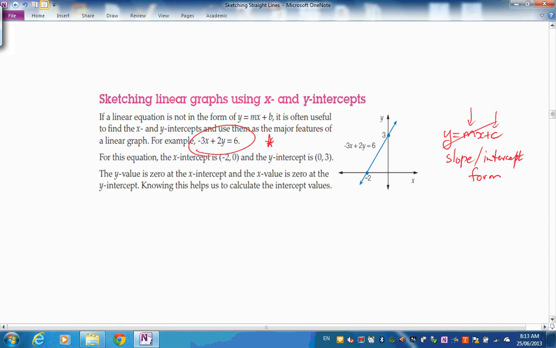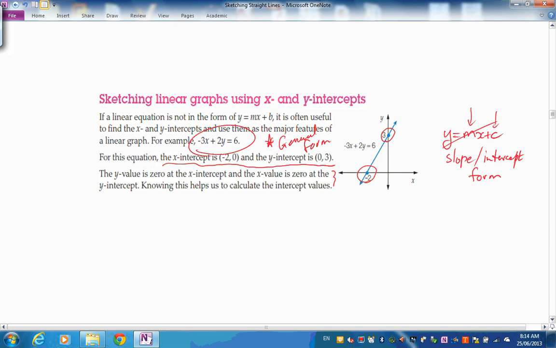So this is the general form, and can we easily plot the straight line from the general form? Well, what we're going to do is focus on finding the x and y-intercepts. Now let's have a look at what that is. They've said here the x-intercept is negative 2, 0 and the y-intercept is 0, 3.